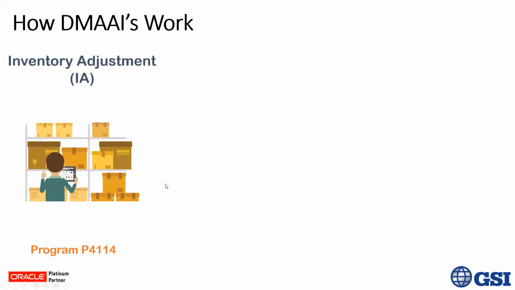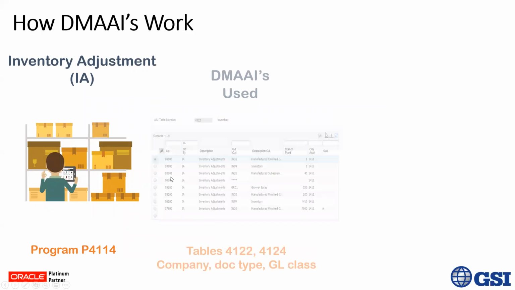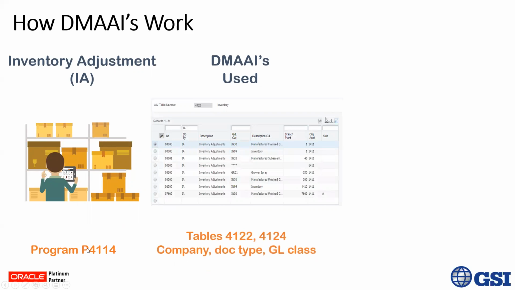Once you fill out the branch plant, item, the quantity, etc., and you hit enter, that's when it goes out. This program will now go to the DMAAI tables, and the actual tables that get called are hard-coded within the programs. So an inventory adjustment will use 4122, 4124.